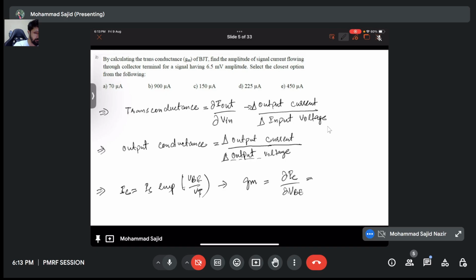Just differentiate it, and you will get IS exponential of VBE by VT multiplied by 1 by VT. This is again IC, so GM will be IC by VT. You can use this formula in BJTs to calculate GM. Just remember this formula, it is a useful formula.